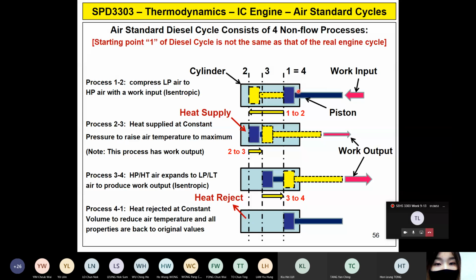But here, for the air-standard diesel cycle, we assume at the starting point this cylinder is full of air, and the piston is at its bottom dead center. This is the starting point of our ideal cycle. You should remember that it is not the same as that of a real engine.